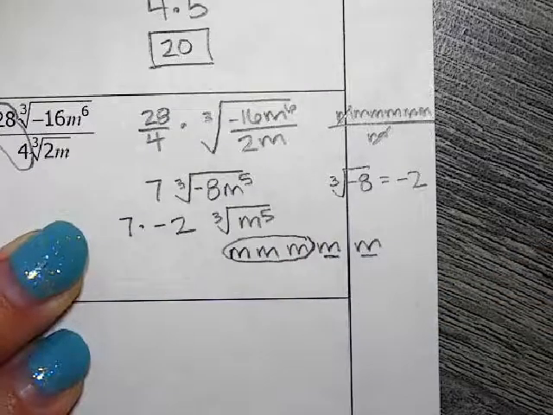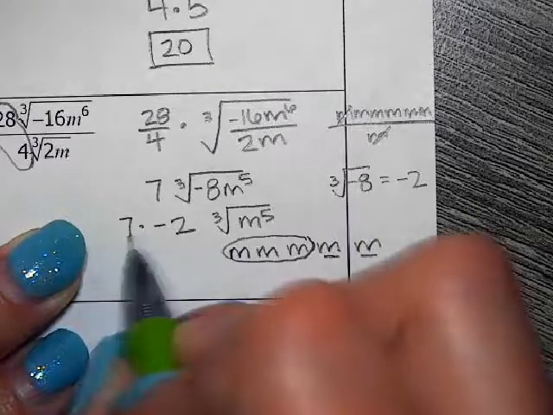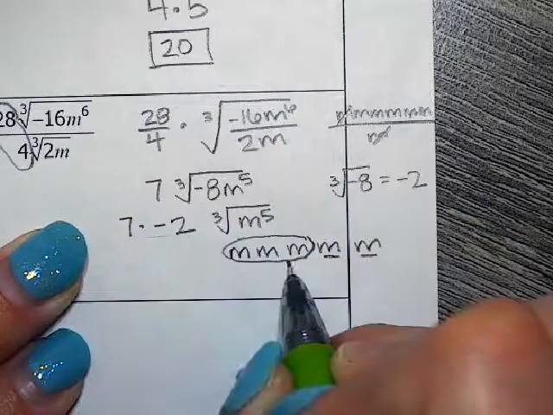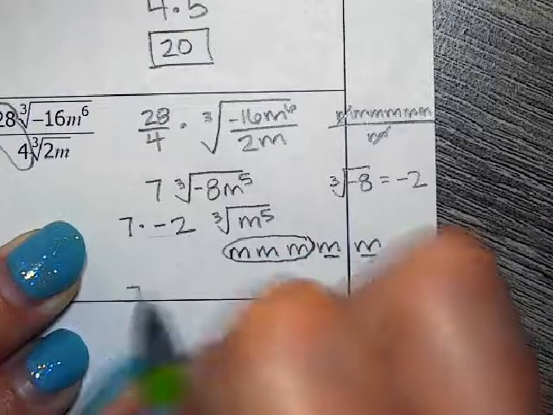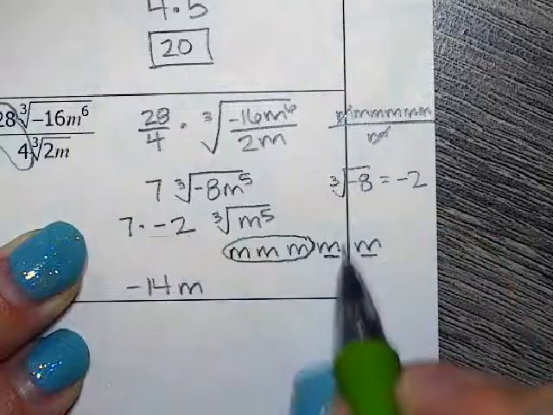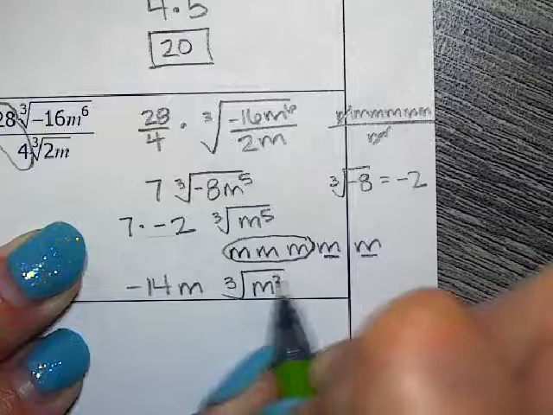Since we have a triple, that's going to go out in the front with the 7 and the 2. So we've got a negative 14 times m, and the cube root of m squared is left over inside because we have m times m.